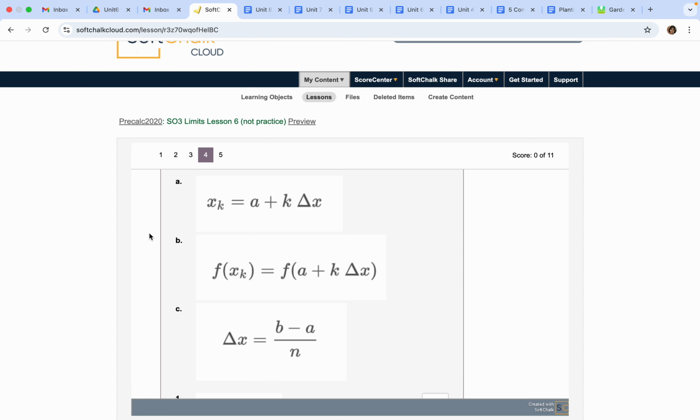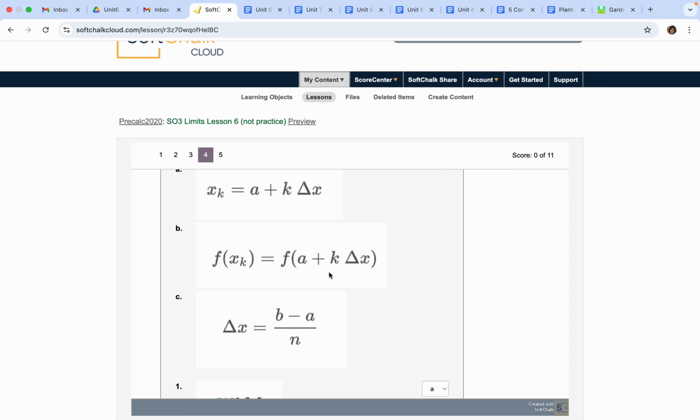The left endpoint is always A, so we need to figure out how many times I'm going over there, however many times I subdivide this up. I'm going to keep counting over. And the height is always going to be putting in the value. I need to know however many change of x's I'm over, plus my starting point, I substitute that in for the function, and that's how I find the height. All right, let me know if this helps.